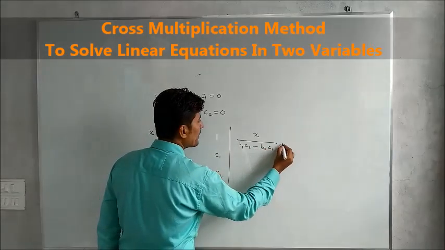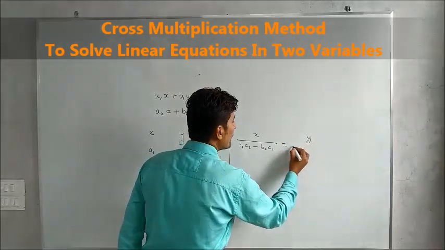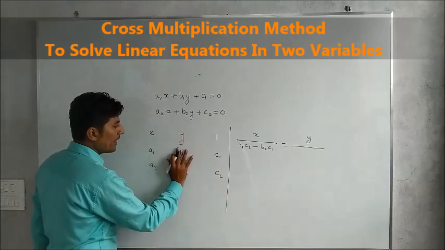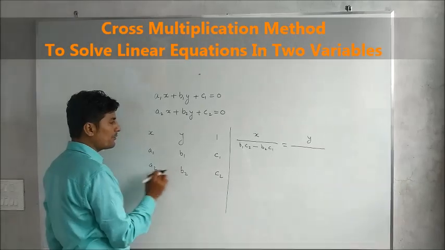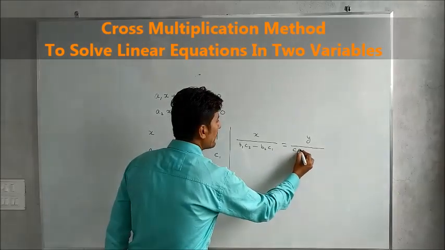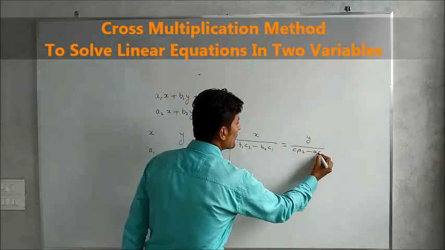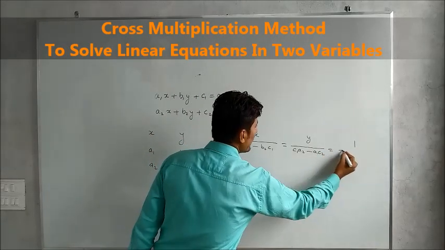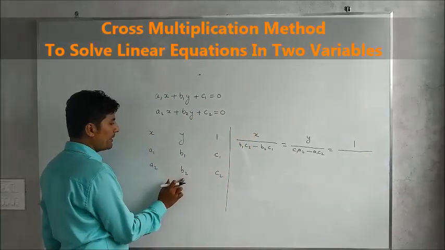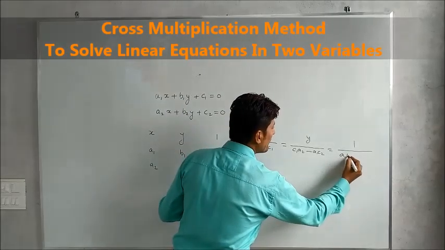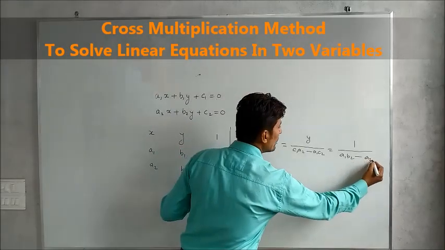In the same way, for y, we have to hide this column and then write c1 a2 minus a1 c2. Now we have to write the constant term: for the constant term, we write a1 b2 minus a2 b1.